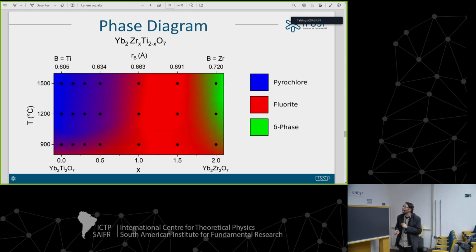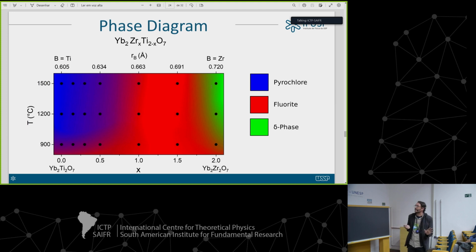So with that, we were able to make this phase diagram. Starting from the ytterbium titanate, going to the zirconium one, you pass through the pyrochlore, to the defect fluorite, and then eventually to the delta phase. Again, you also have this question of short range and long range on the structure.